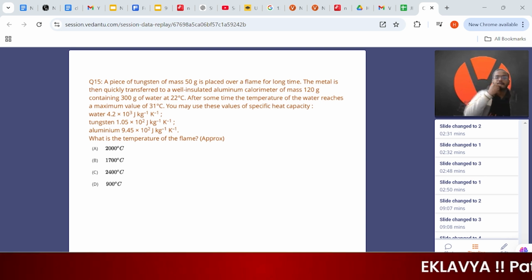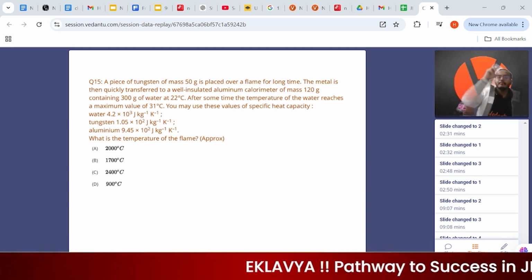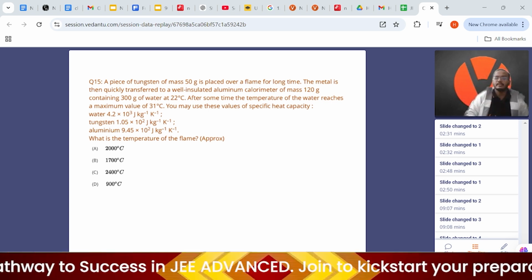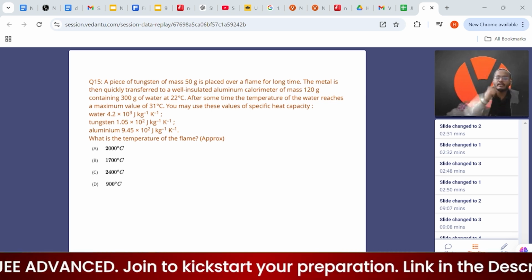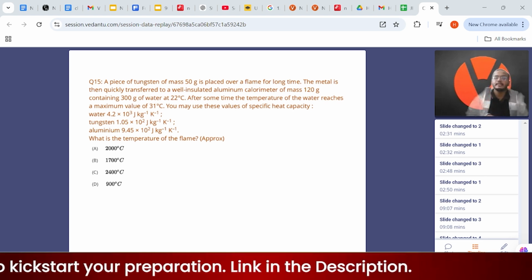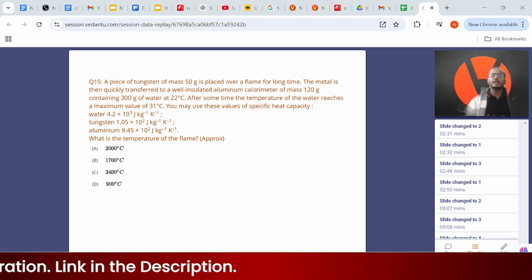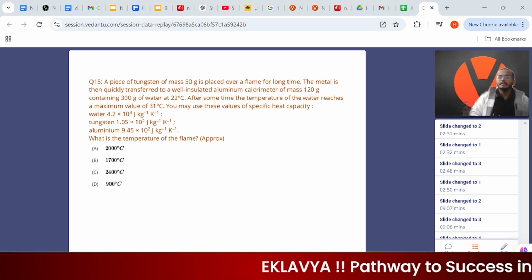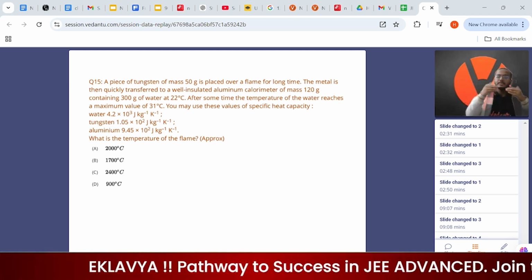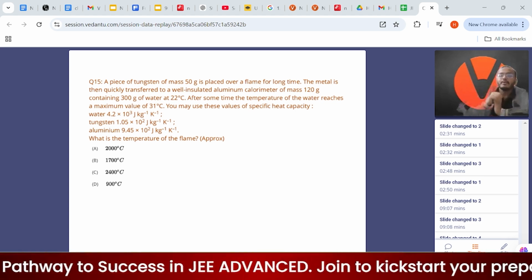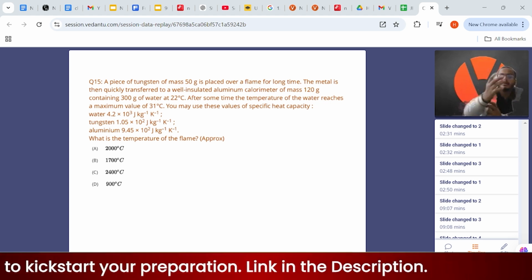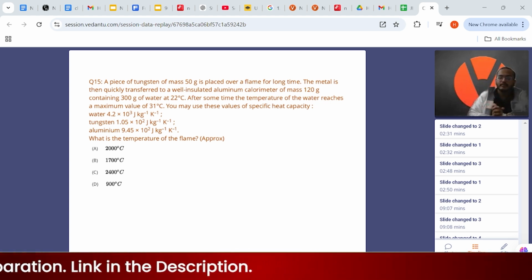Now see, when this heated piece of tungsten is put into water of 22 degrees Celsius, then the temperature of water increases, which clearly states that the temperature of the tungsten was more than 22 degrees Celsius, and after it comes in contact with the water, the temperature of tungsten will decrease and the temperature of water rises up to the maximum value of 31 degrees Celsius.